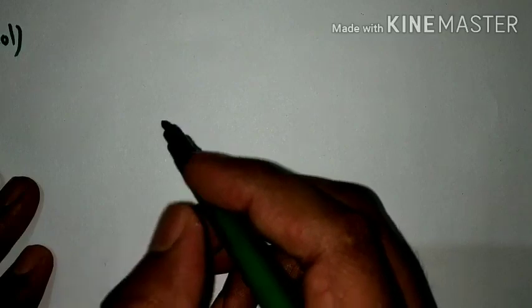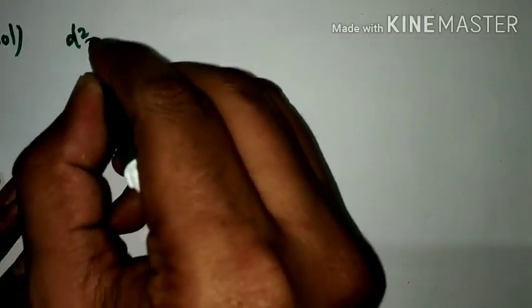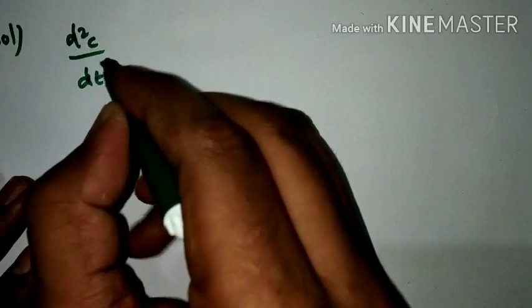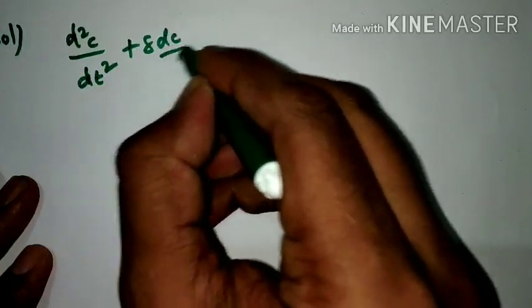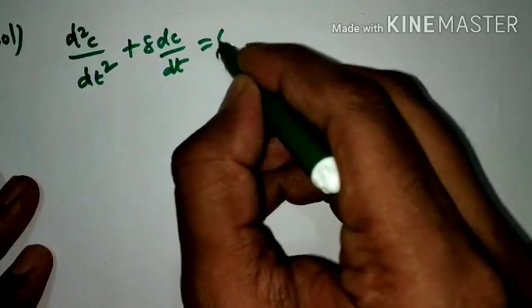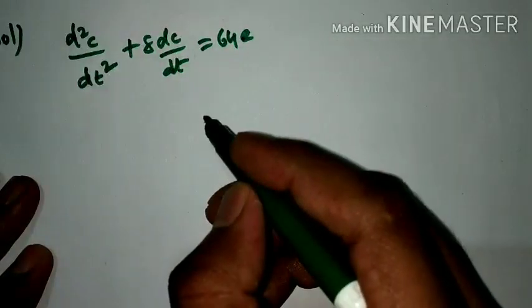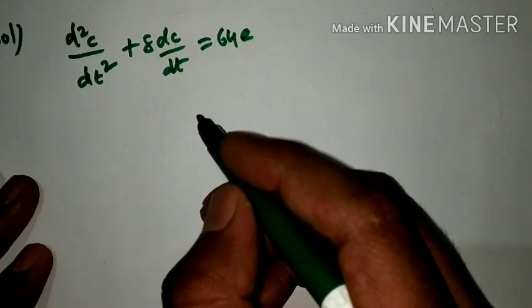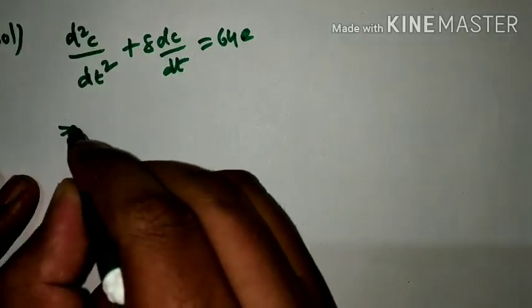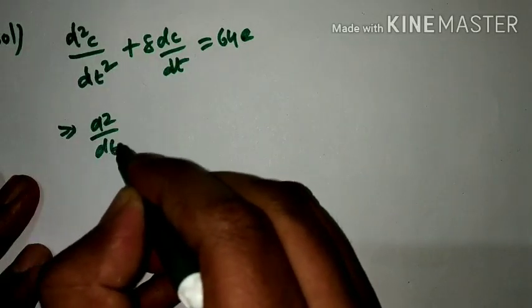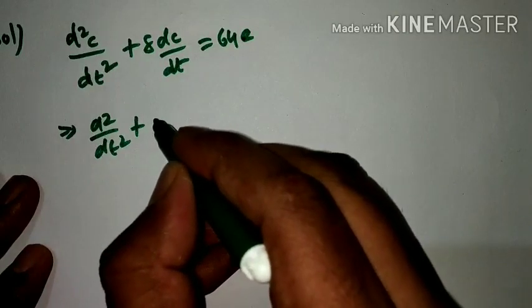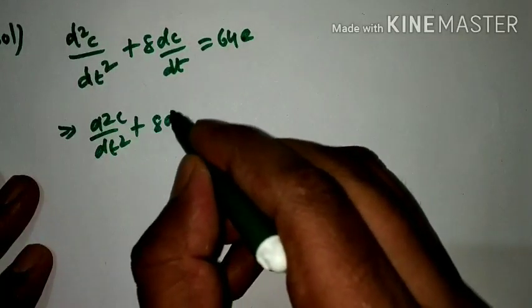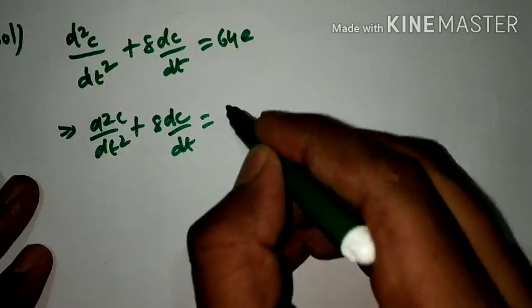The solution is, the given differential equation is d square c by dt square plus 8 dc by dt is equal to 64 e.